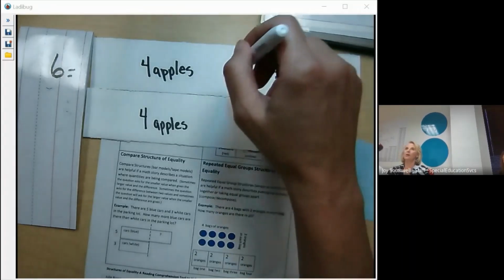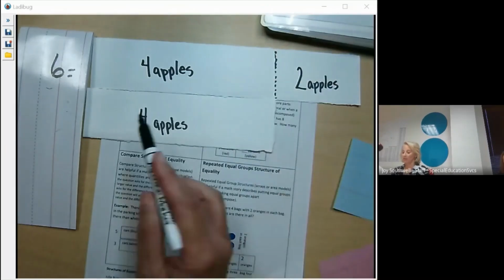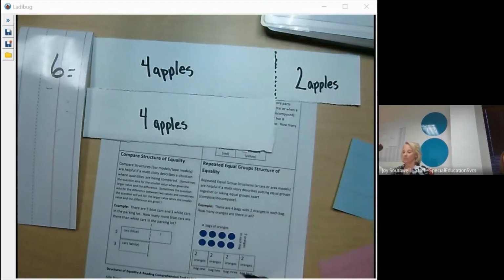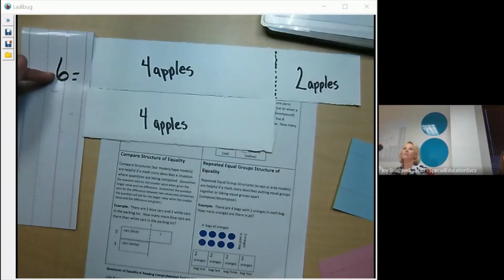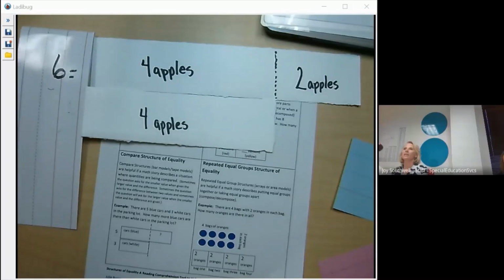And the part I don't know, once I do this, I do 4 apples. So how many apples did Joy have? 6. It seems so easy, but it isn't when you're in front of kids doing this.